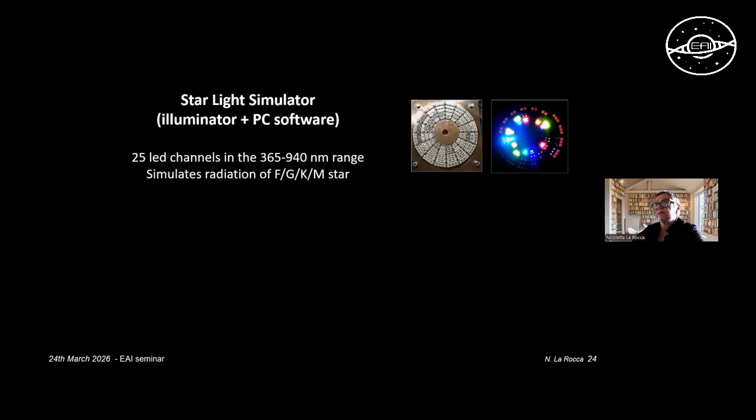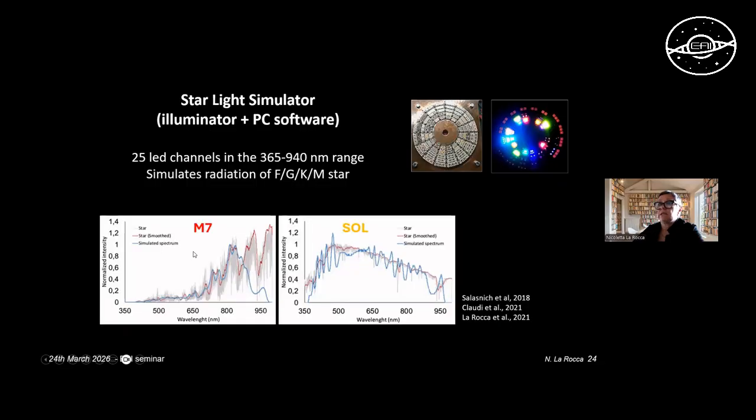The starlight simulator is an illuminator of about 280 LEDs in 25 channels. They can be tuned to reproduce the light spectrum of different stars. Here you can see the spectrum of M7-type stars, M-dwarf stars.